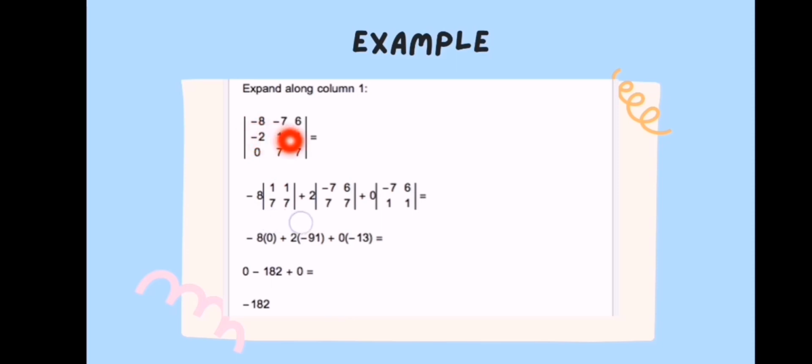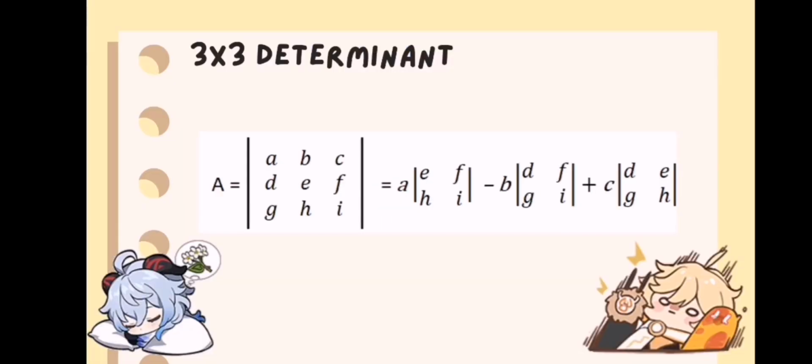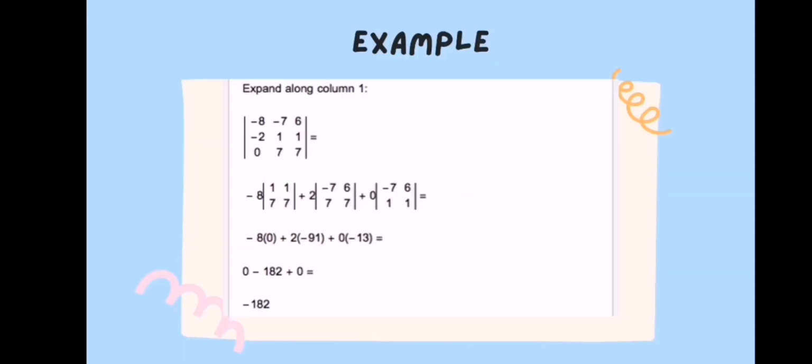Since it takes negative 2 as B, it depends on you whether you like this one or this one, but remember that the C is going to be the same.